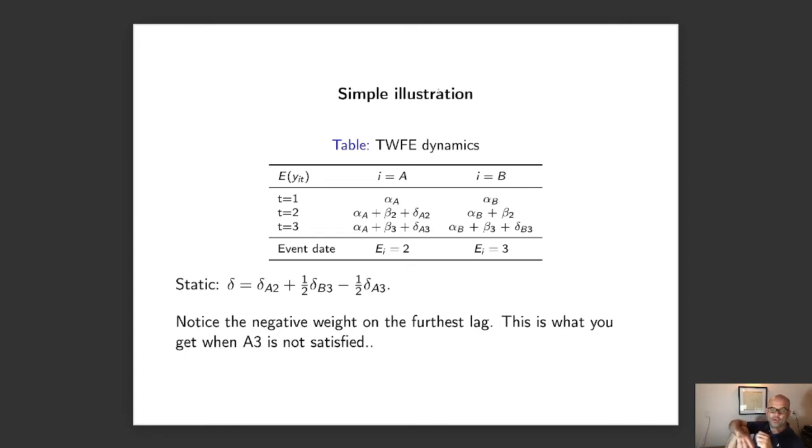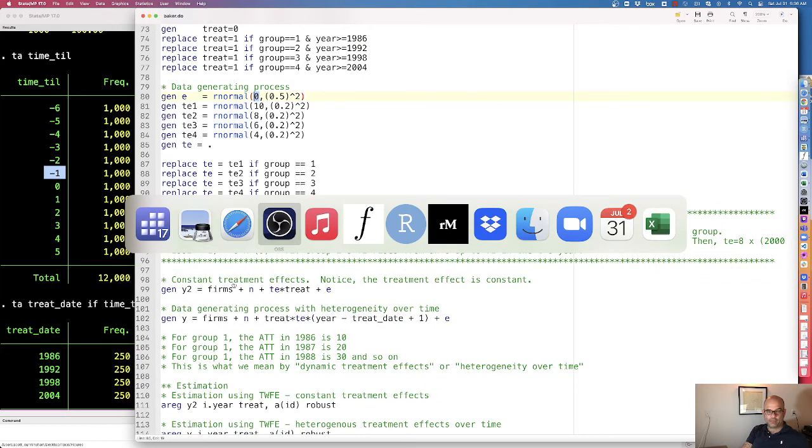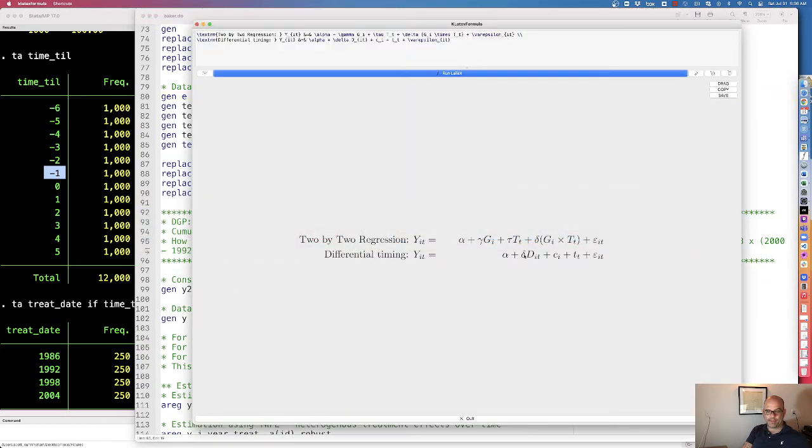In each year you've got some particular value. Group A is going to be treated in the second period, and group B is going to be treated in the third. And you're wanting to estimate delta from a static parameter. You're estimating it with differential timing delta.